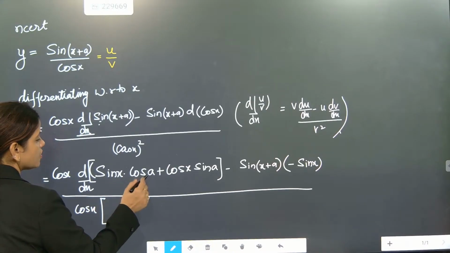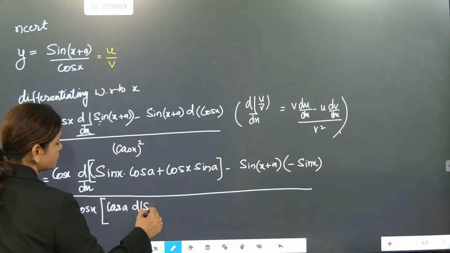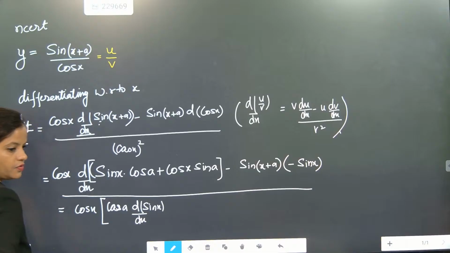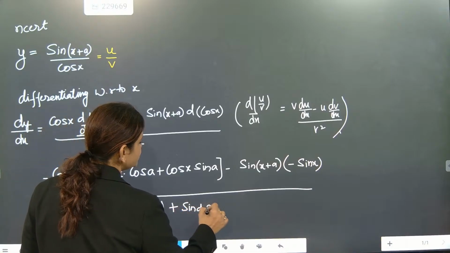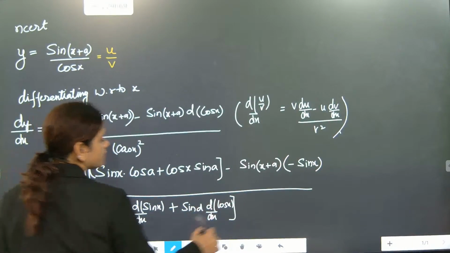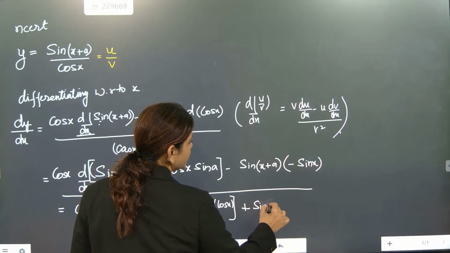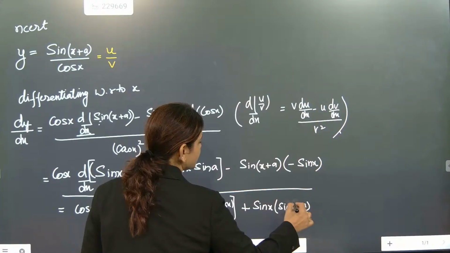Keep the bracket, keep the constant outside: cos a, differentiation of sin x with respect to dx, plus sin a, differentiation of cos x with respect to dx. Got it? Minus into minus will become plus, it will become sin x, sin(x plus a).